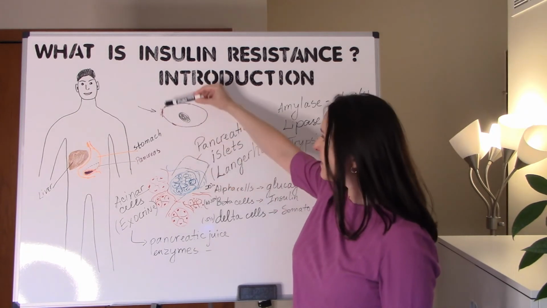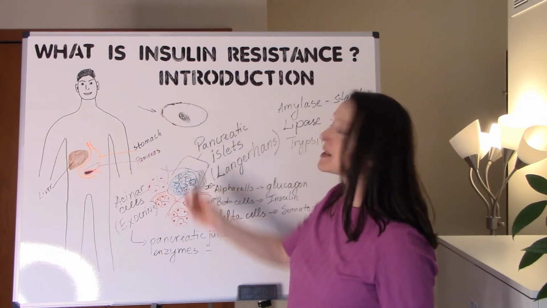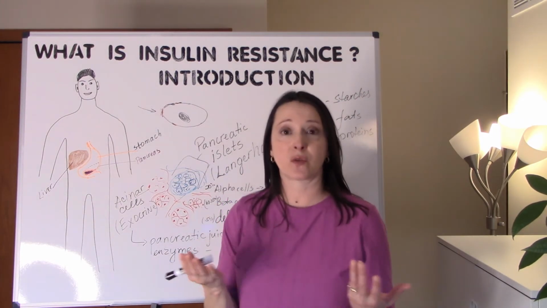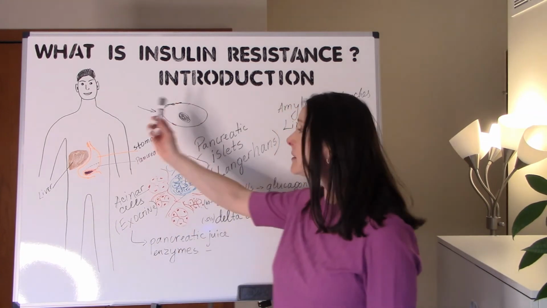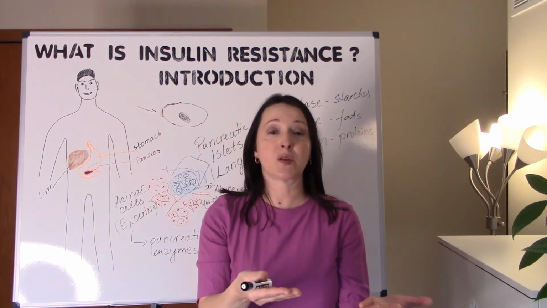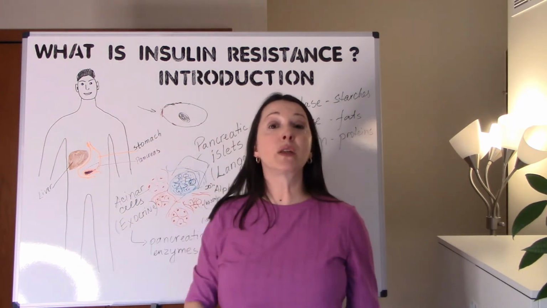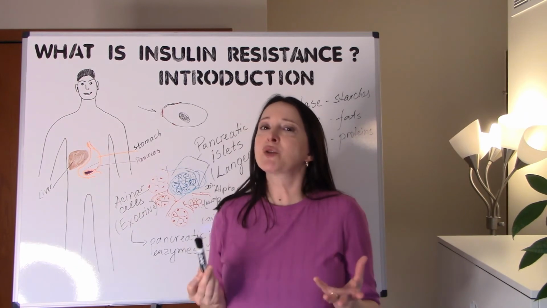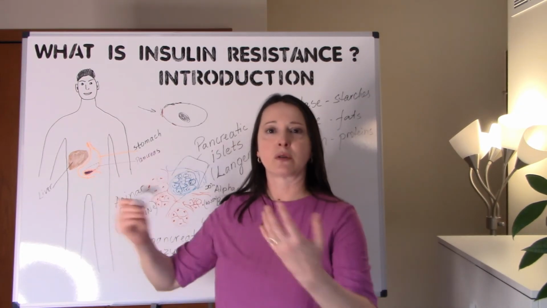When these receptors are resistant and non-responsive to the signal, then the cells obviously are starving for fuel. They are not able to function properly, and in the meantime, the extra glucose that is not able to go into the cells because of these doors being closed continues to circulate. It's not meant to be that the glucose would circulate non-stop for so long.